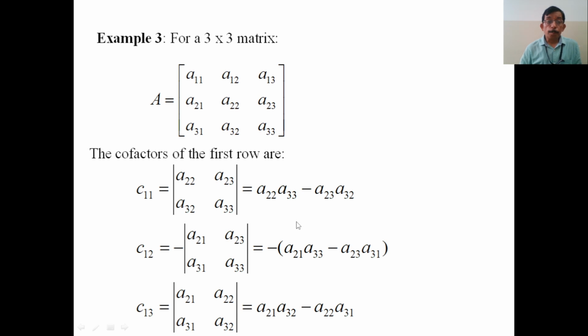The main important point is this: if you expand the determinant according to the first row, some students say they expand in the second row, and some say they expand in the third row or any particular row or column. If you expand the determinant along any particular row or column, the value of the determinant is always the same.